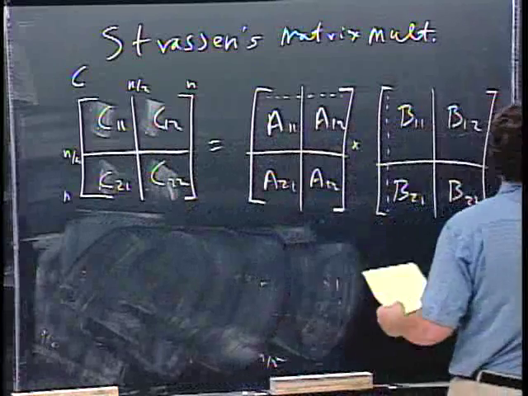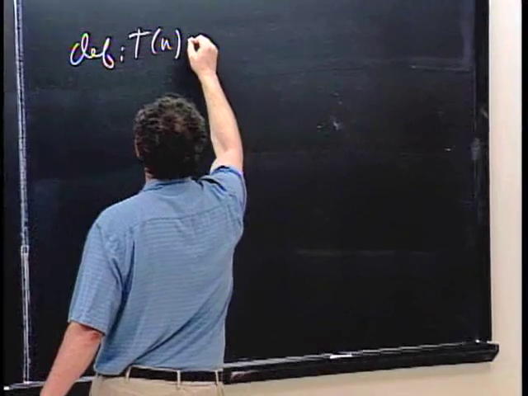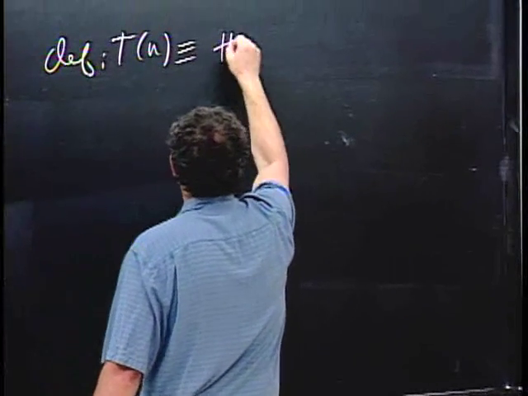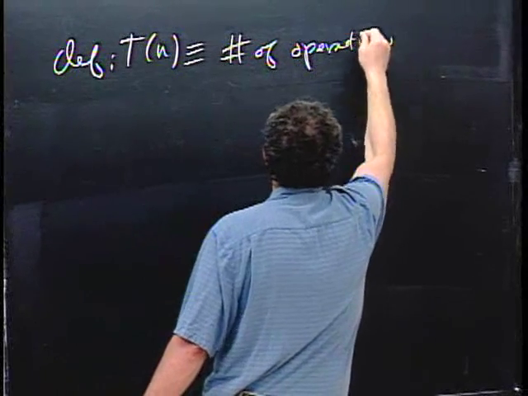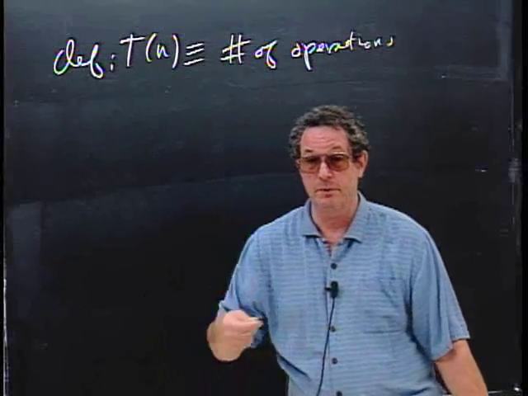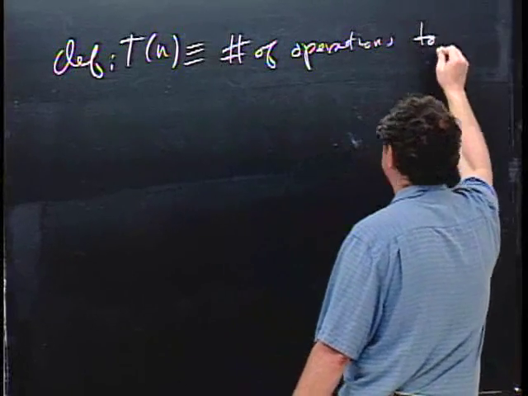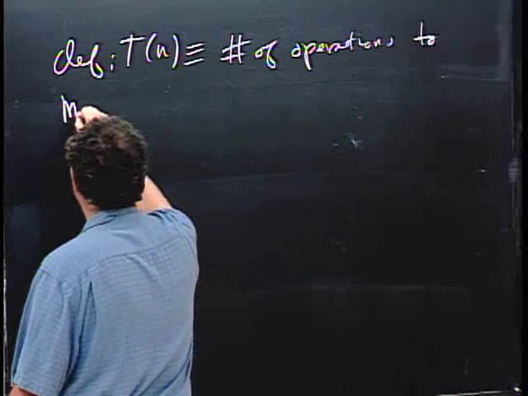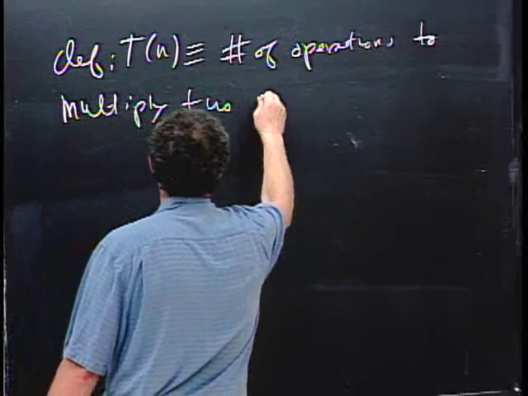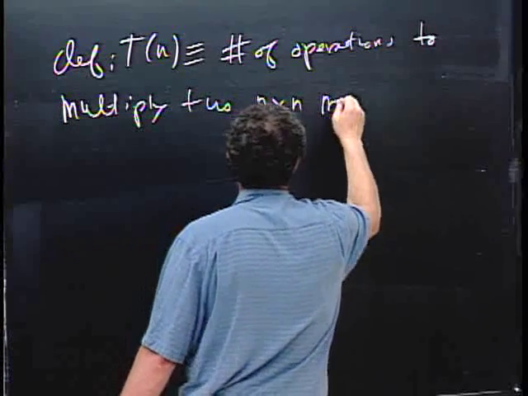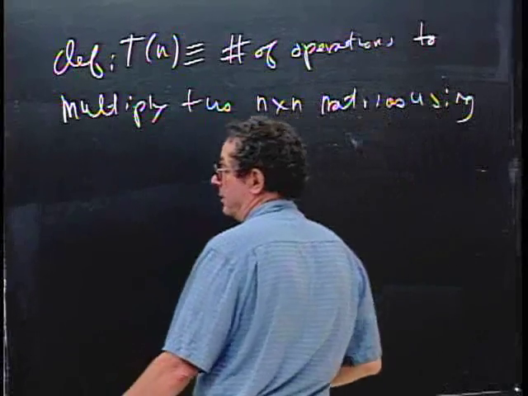We'll define T of n to be equal to the number of operations, and these are multiplications and additions, operations on individual numbers, to multiply two n by n matrices using divide and conquer.